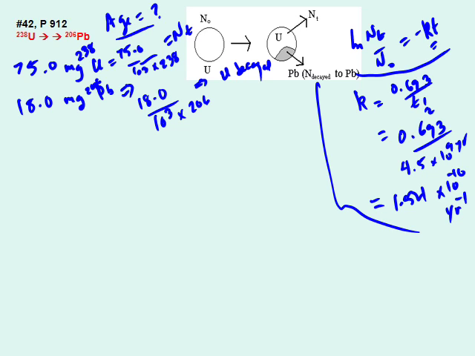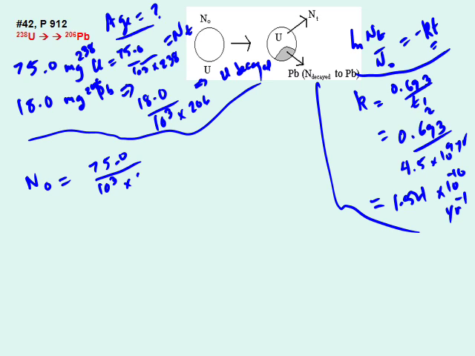So N0 would be given by the sum of those two values, which is 75.0 divided by 10 cubed times 238, plus, because this is the present day uranium sample, which is the first quantity, or NT, plus how much was decayed.